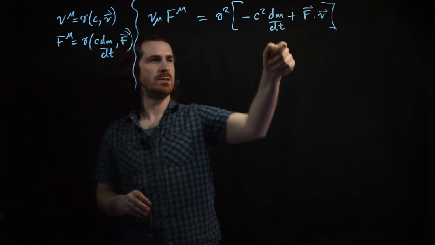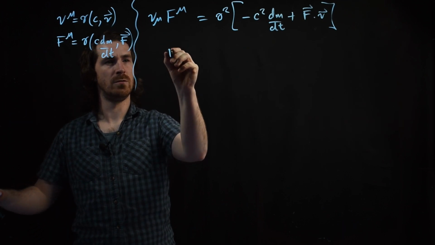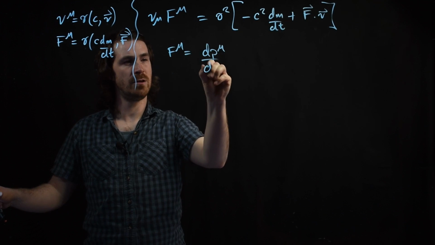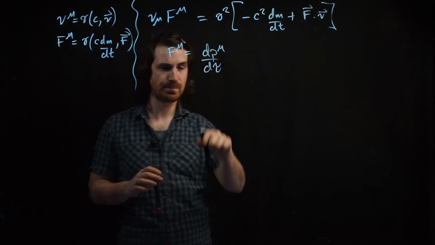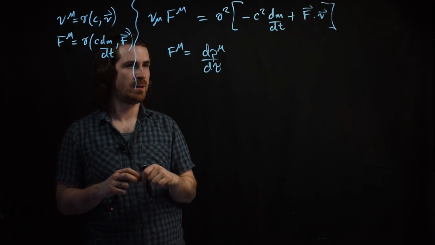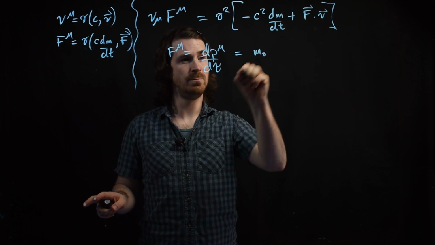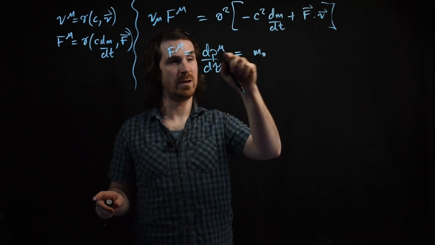And to proceed, let's also think about f mu as being dp mu by d tau. p mu here is our 4 momentum. Tau is the proper time. This is equal to m0, the rest mass. So p is m0 v mu.